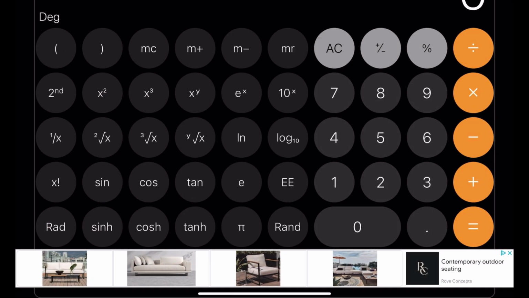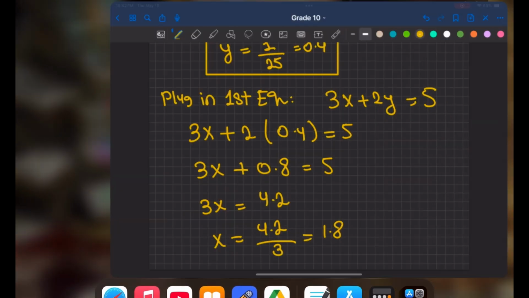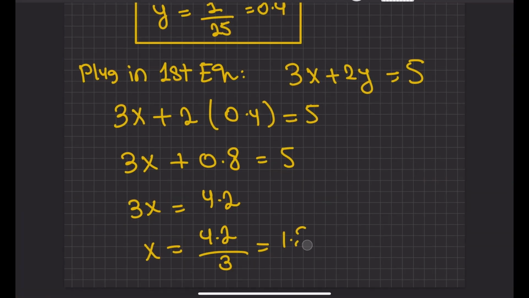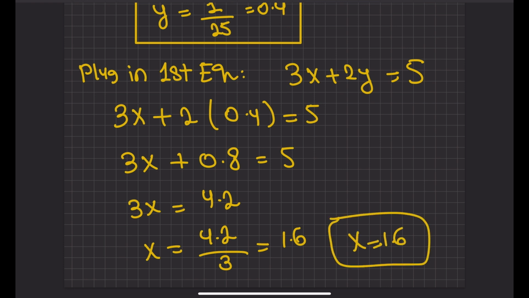Actually, no, I'm sure it's going to be 1.4, sorry. But just to make sure. Yes, 1.4. So x equals 1.4, and we found the number for x.